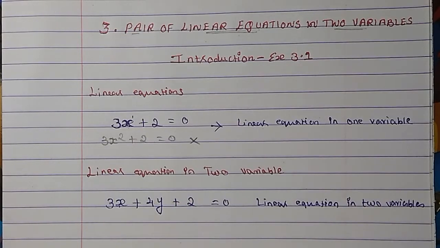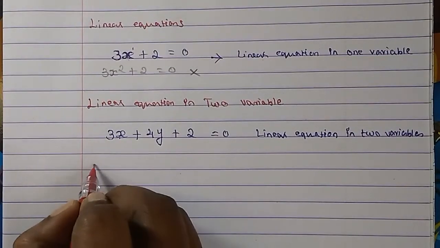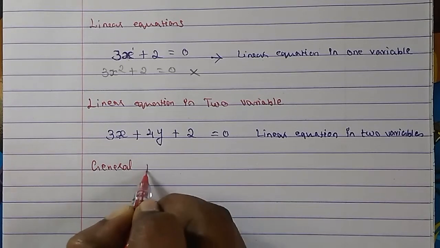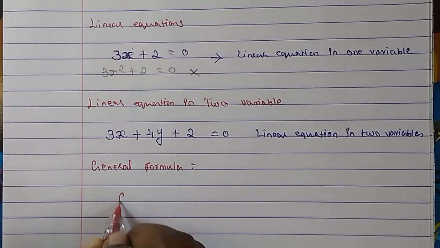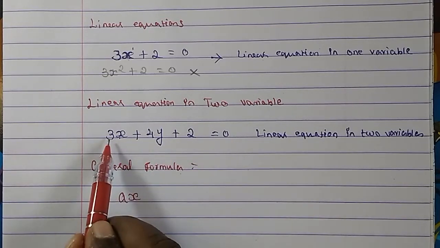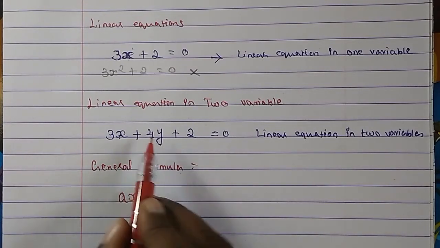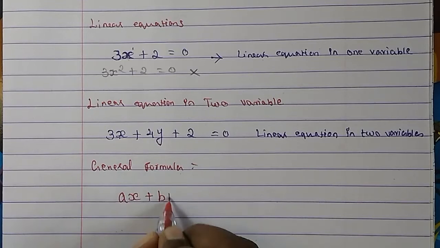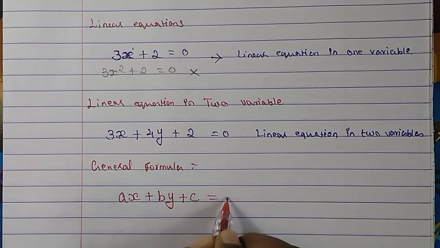So the general formula that we write for the linear equation in two variables is like this: ax plus by plus c equals 0. See, in the place of 3 I have written a and x as it is. In the place of 4 I write b and y as it is. In the place of 2 I write c. So this is the general formula for a linear equation in two variables.